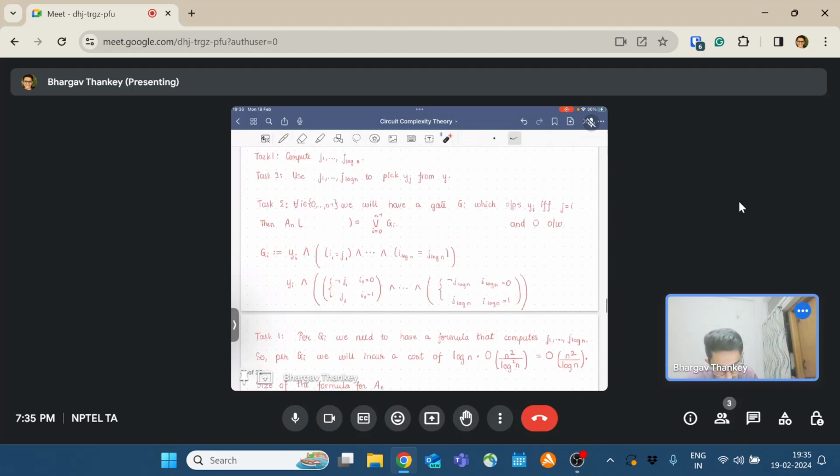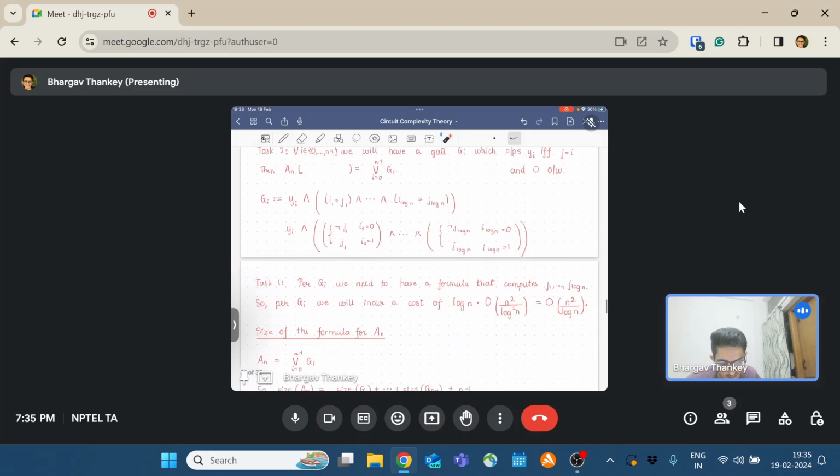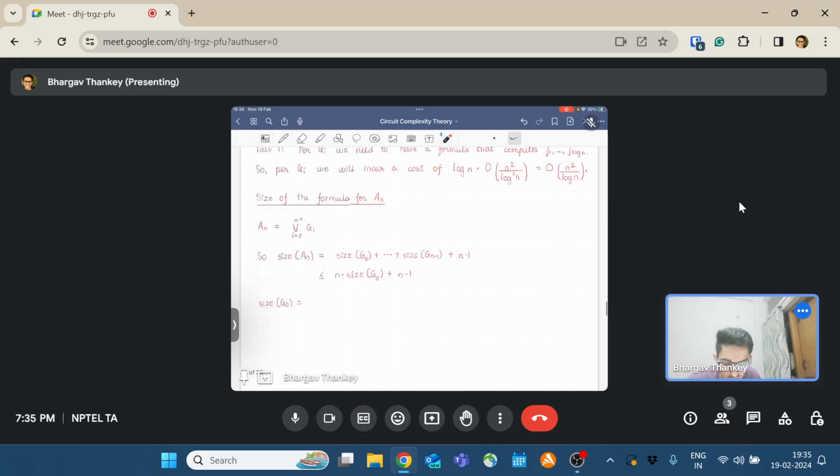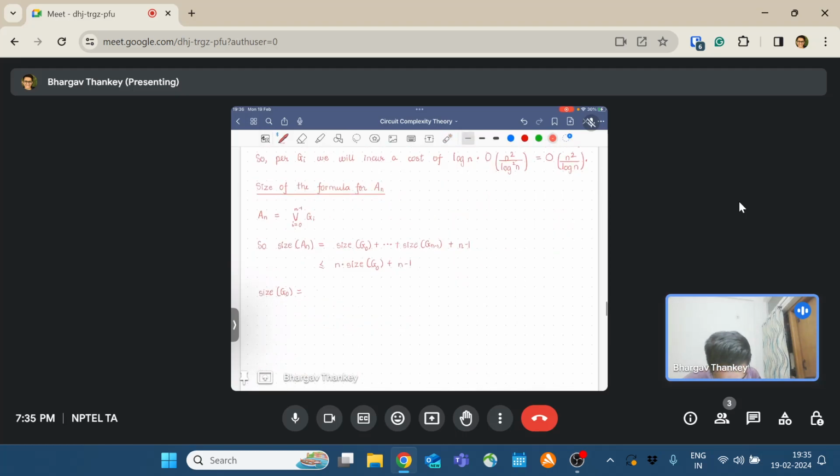So this is what G0 looks like. You need log n many AND gates and log n many NOT gates. Let me just put a less than or equal to.